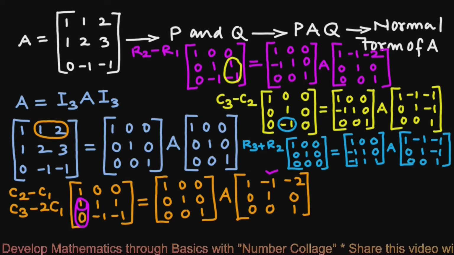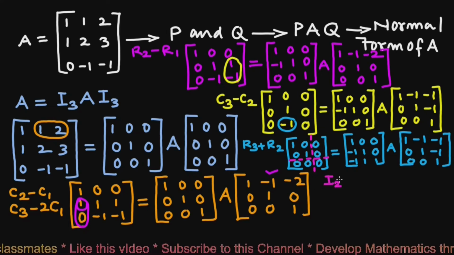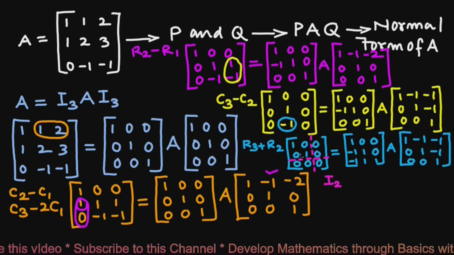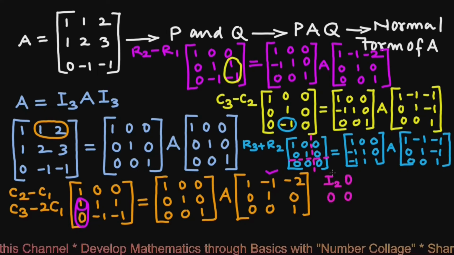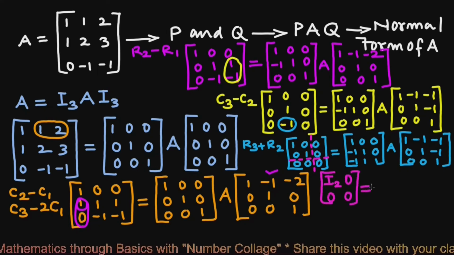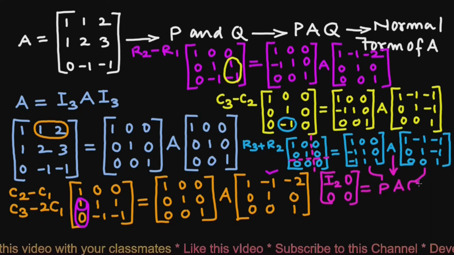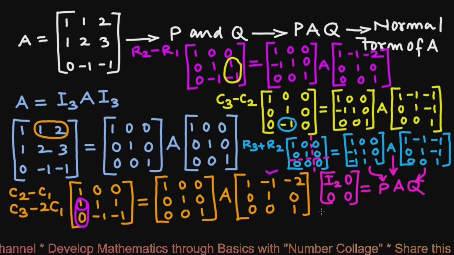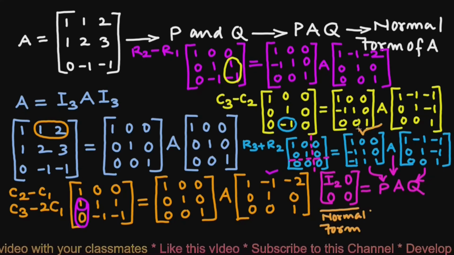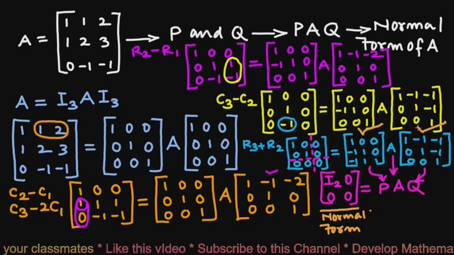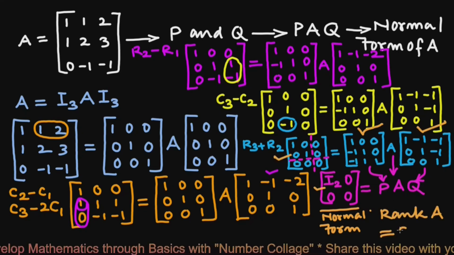Now we will demarcate the elements like this. That gives us I2 for this unit matrix 1 0 0 1, then O, then O, then O, which is the normal form, equals, this is matrix P, then A, and this matrix Q. So this is the normal form, then non-singular matrix P, non-singular matrix Q, and rank of A from this normal form is 2.